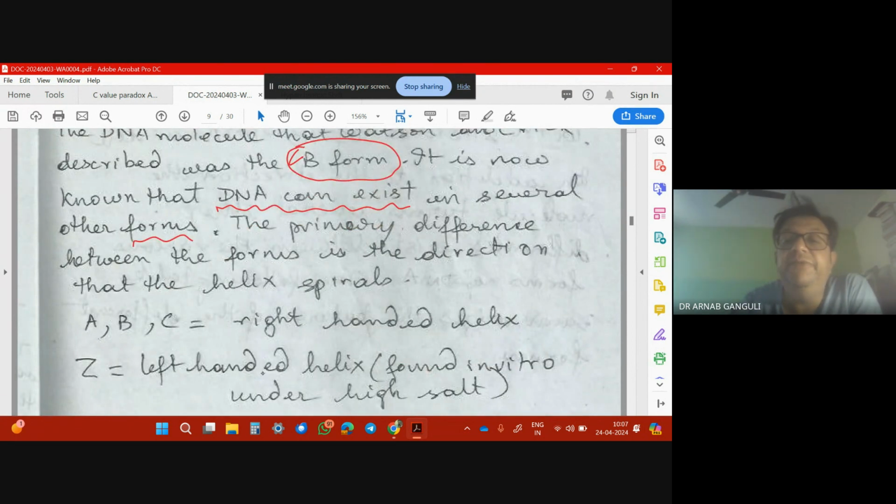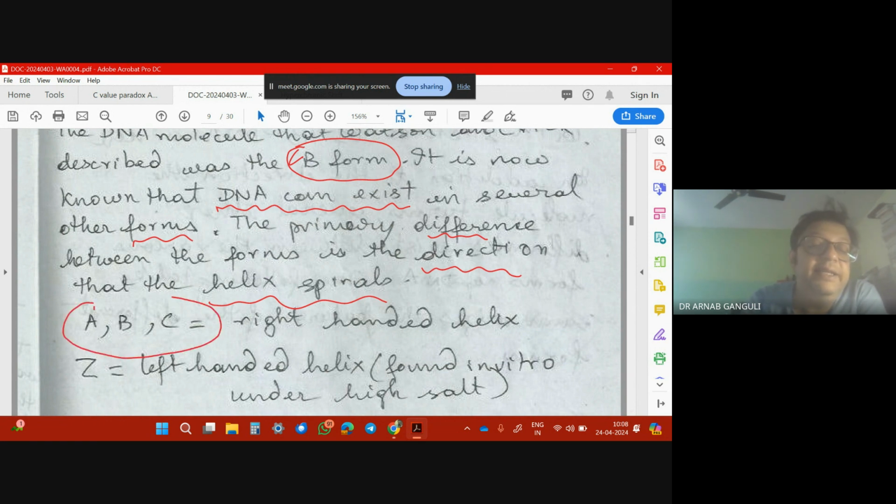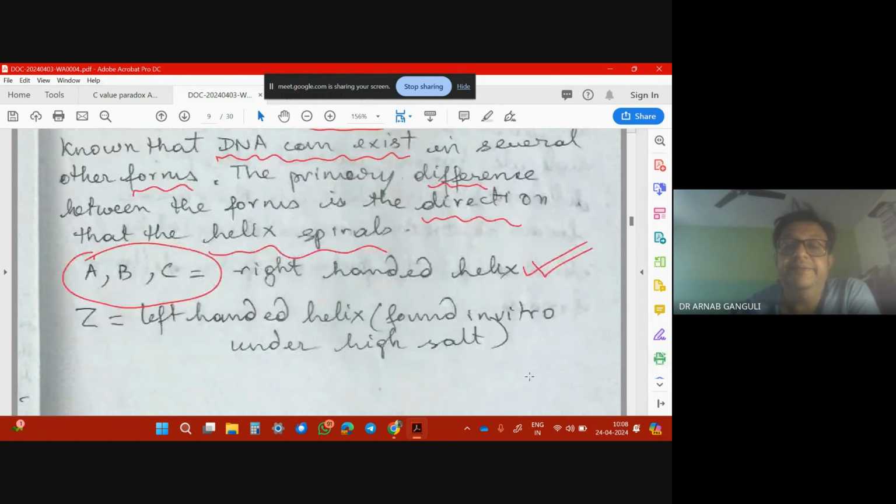The primary differences between the forms is in the direction in which the helix spirals, whether it's on the right-hand side or the left-hand side. So A, B, and C type DNA have a right-handed helix.